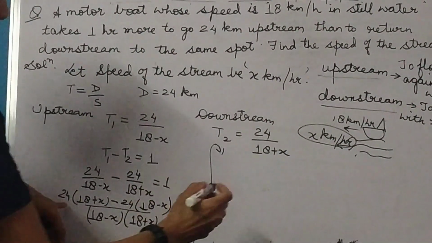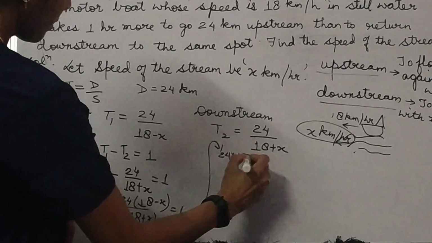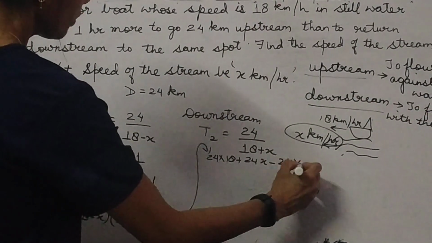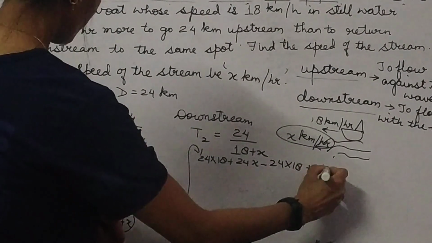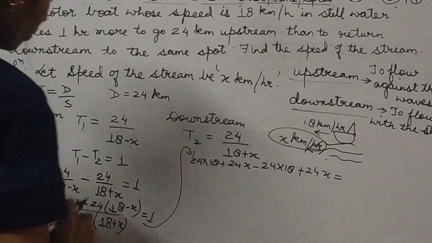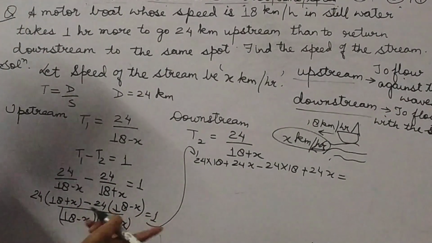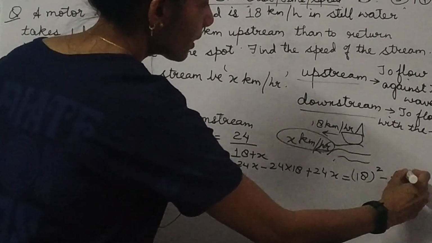24 into (18 plus x) minus 24 into (18 minus x) equals 1 times (18 minus x)(18 plus x). On solving, I will get 24 into 18 plus 24x minus 24 into 18 plus 24x equals 18 minus x times 18 plus x. This is a minus b and a plus b, which can be written as a square minus x square.